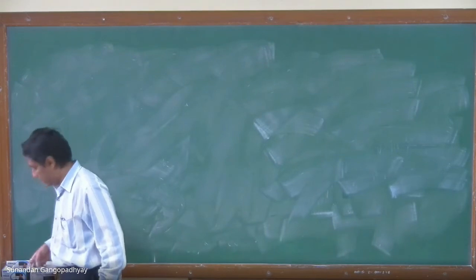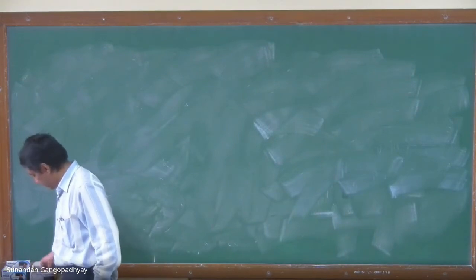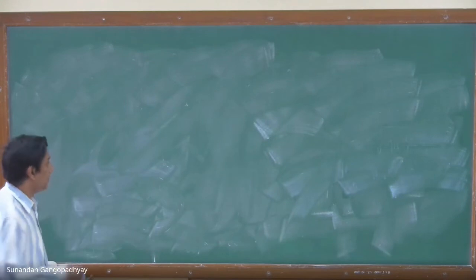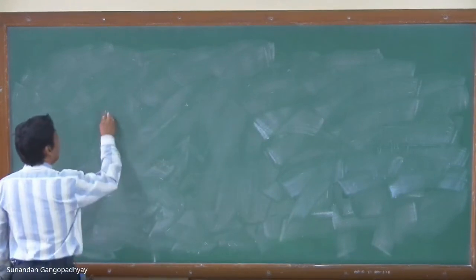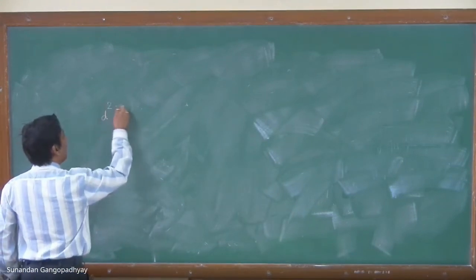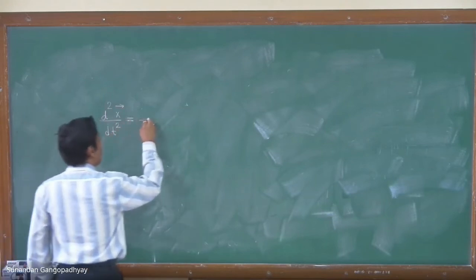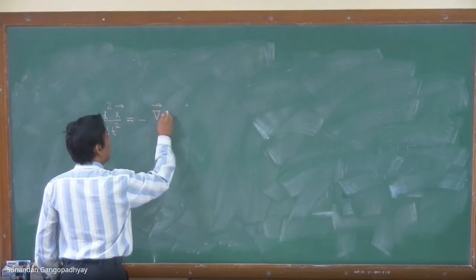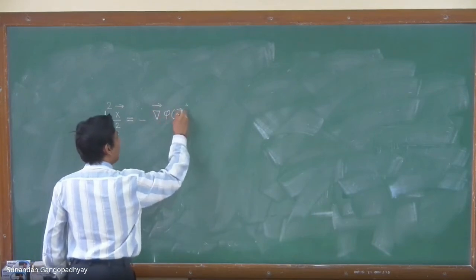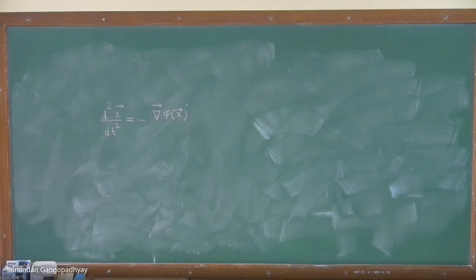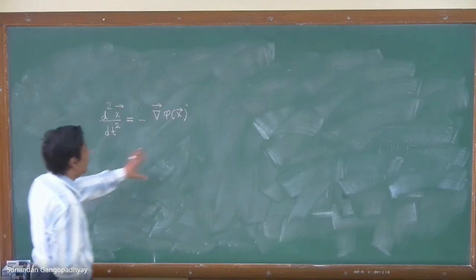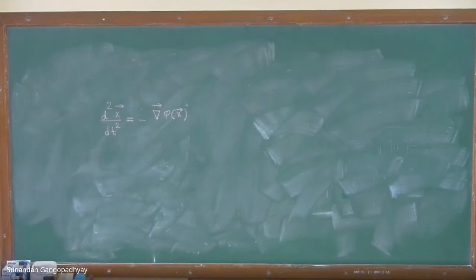But you can ask the question that okay, this is fine, but in Newtonian mechanics, you know there is the following thing. For a particle being in the gravitational potential, you should have this. This is the equation of motion.